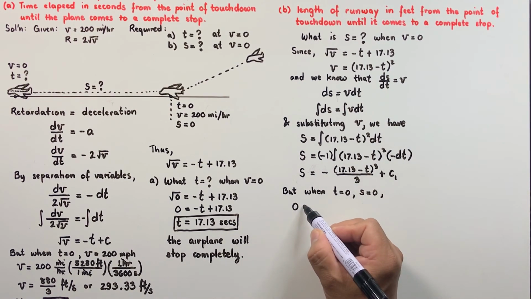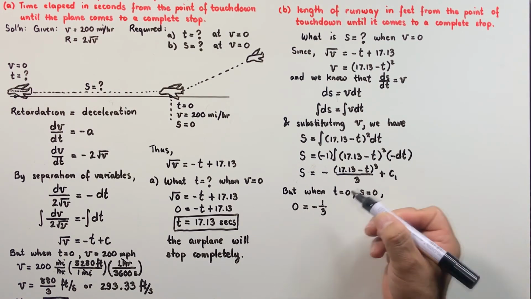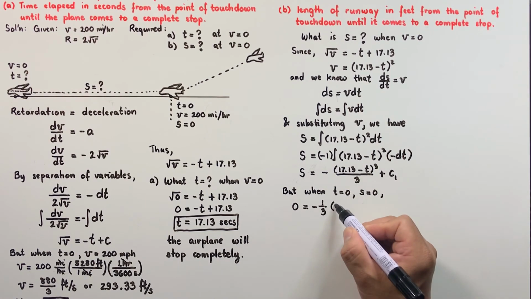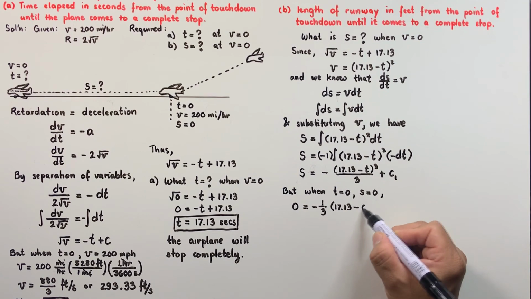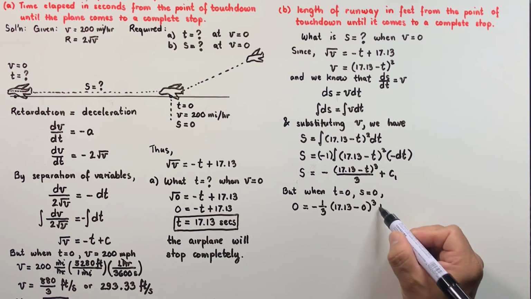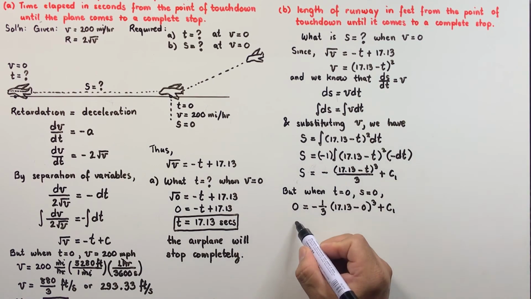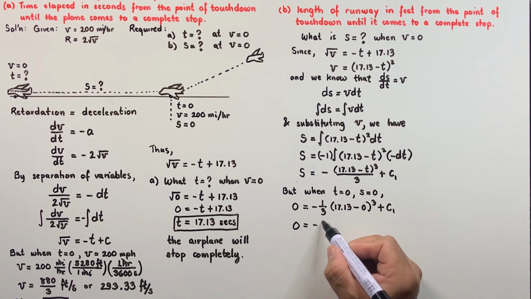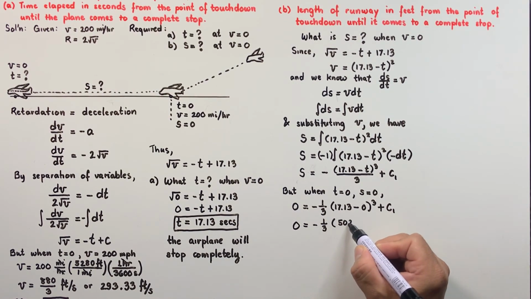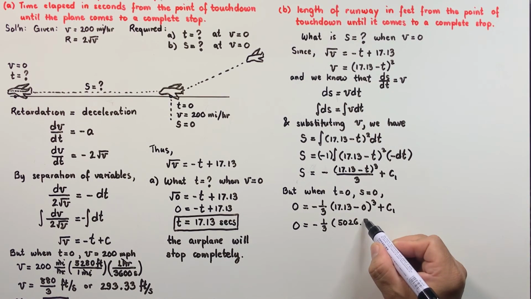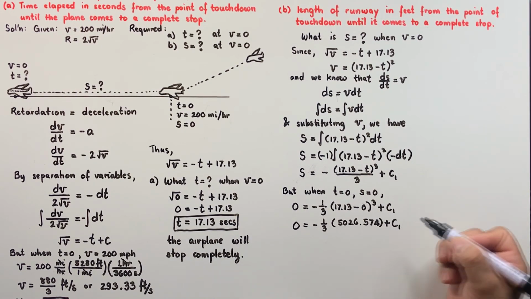So the distance traveled is 0, and then this is equal to the negative 1/3 of the constant times 17.13 minus the time, which is 0, to the power of 3, plus the constant of integration c sub 1. So 0 is equal to negative 1/3 times 5026.574 plus the constant of integration c sub 1.